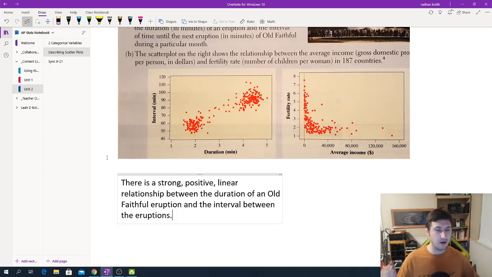All right, so I put context in there. I described the strength, the direction, and the form. The only thing that I should still put in there is, do I see anything unusual?